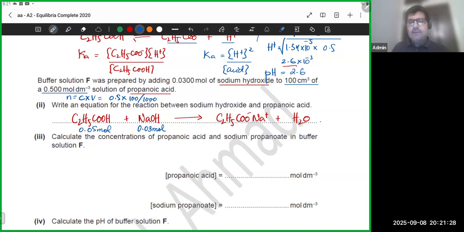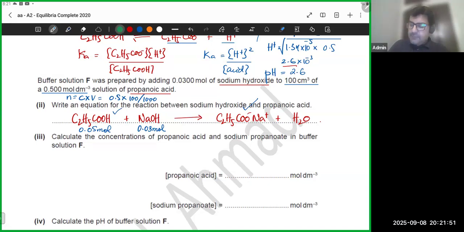I did this part earlier on, but part 3 is calculate the concentration of propanoic acid and sodium propanoate. So basically he's asking you to calculate the concentration of the acid and the conjugate base. This is your conjugate base, and that's your acid.